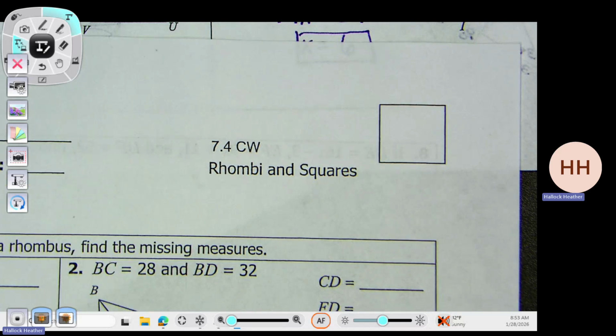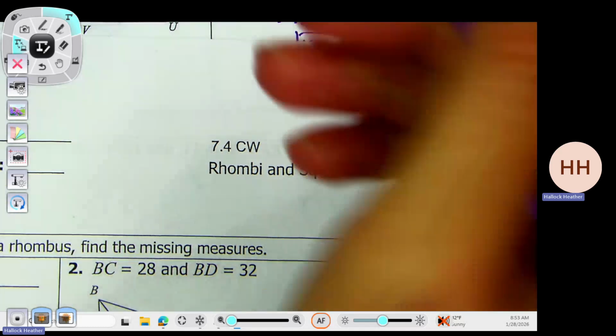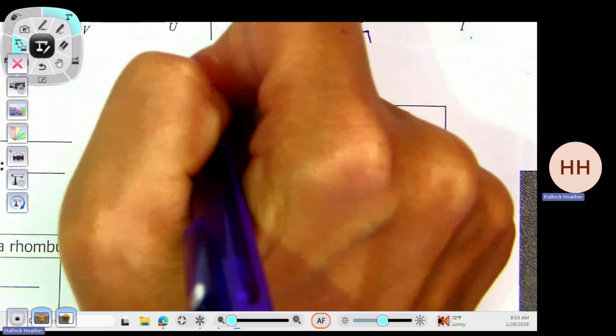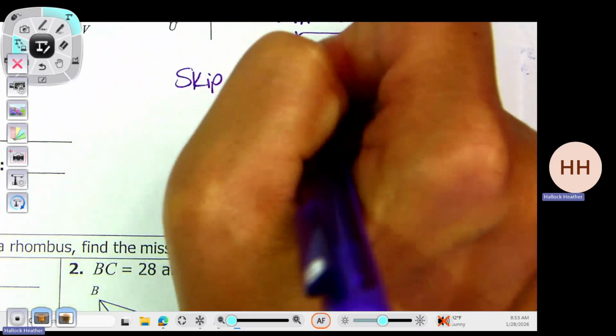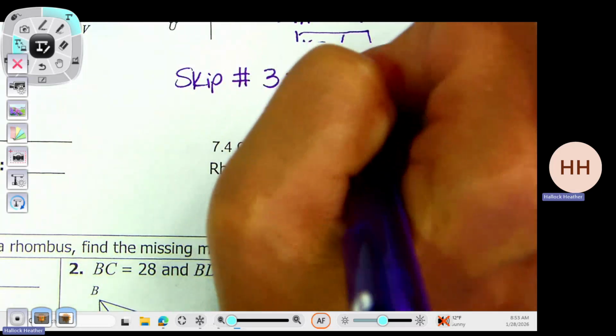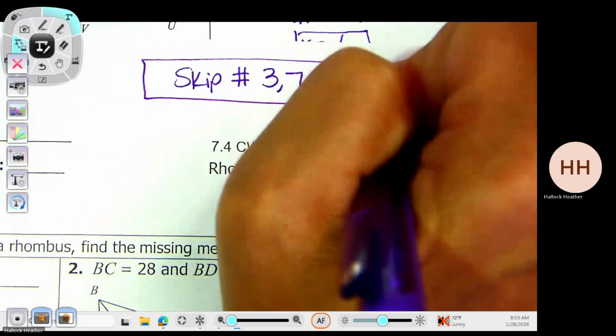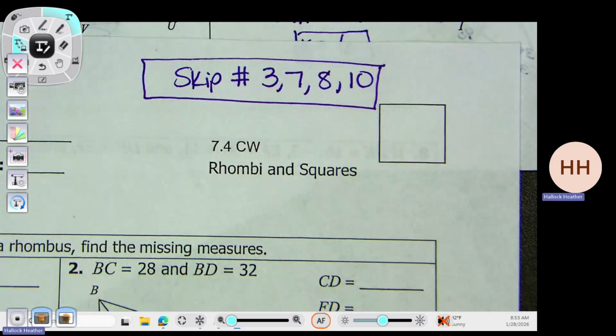So you can skip number 3, 7, 8, and 10. Scribble those out. This will be turned into the bin when you're done.